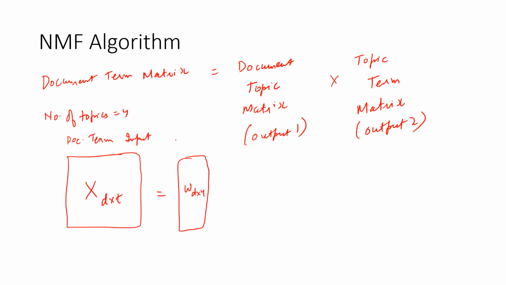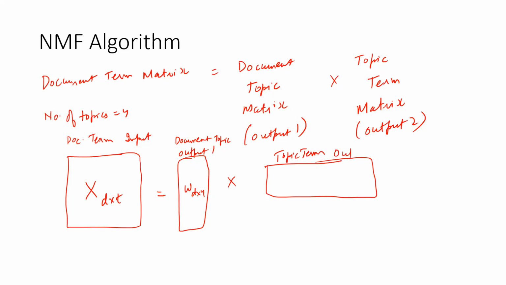So the document topic matrix is my output 1, with dimension D into 4, multiplied by the topic term matrix, which is my output 2.